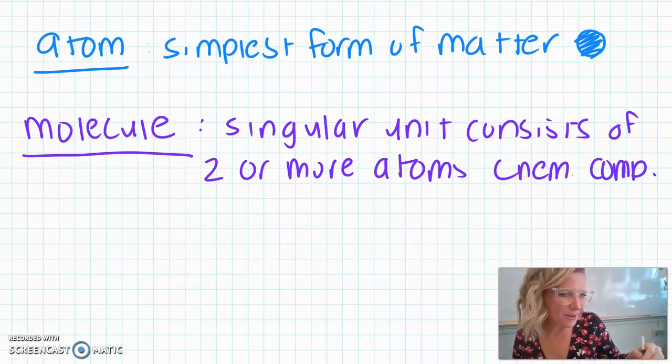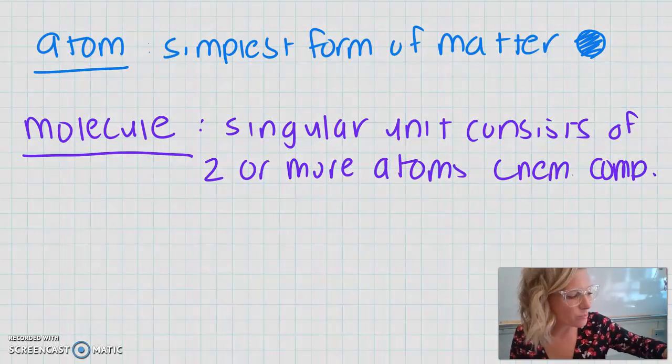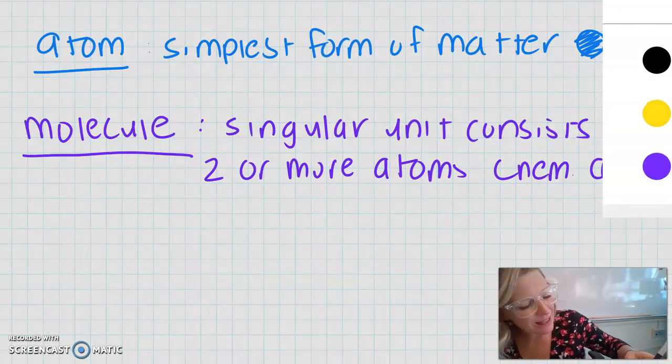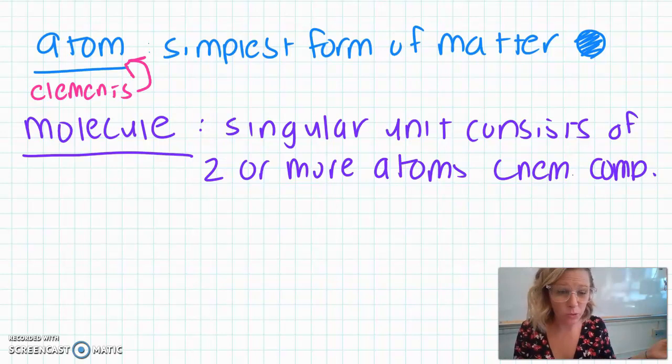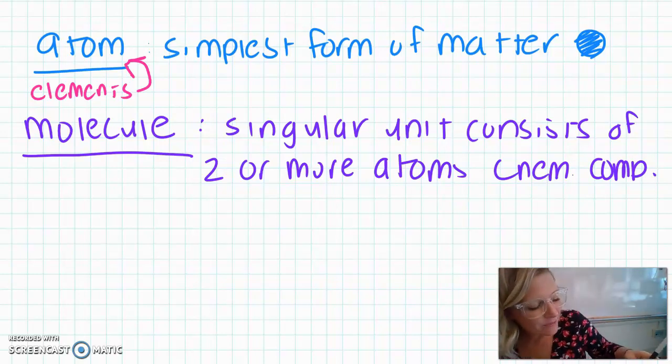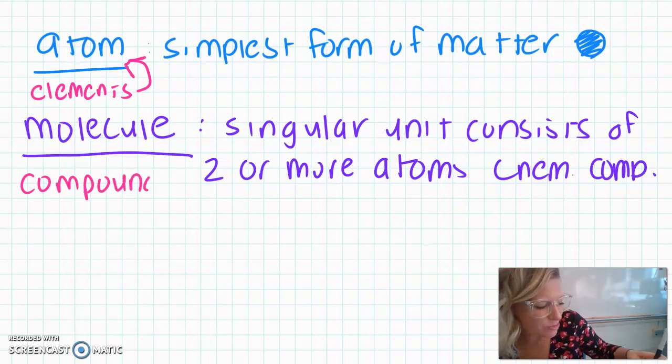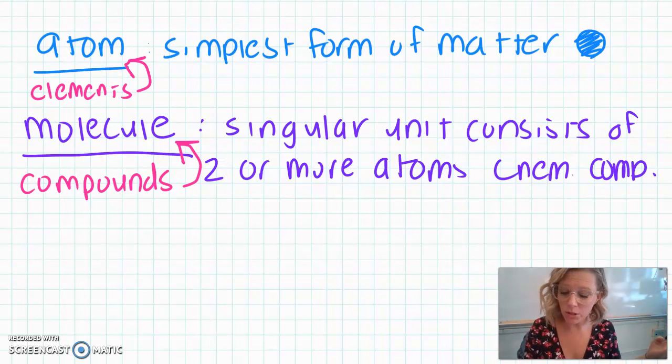Atoms are typically used to talk about elements, so I have gold atoms, not gold molecules. Molecules are typically used to talk about compounds, so you don't say I have water atoms, you would say I have water molecules.